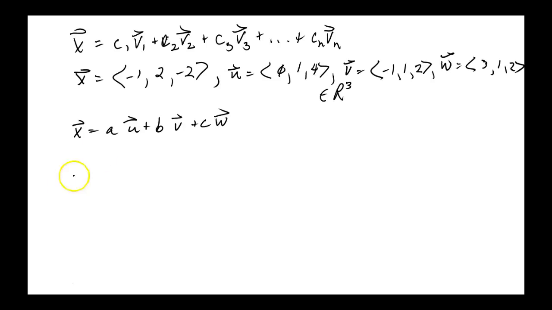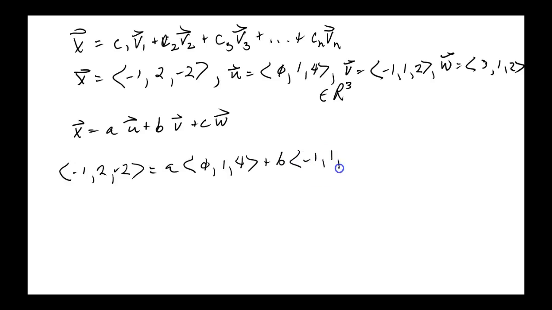That's it, exactly. -1, 2, -2 is equal to... Do we want to distribute the a, or you want to just write it out first? Do you have a preference? We can go ahead and distribute it out if you think that's a good idea. We can just write it. What were you thinking? We can just keep doing this. Okay. Trying to do too much at once, I think.